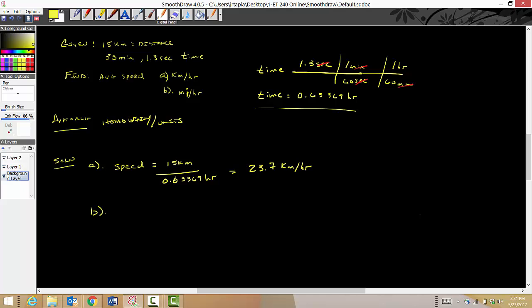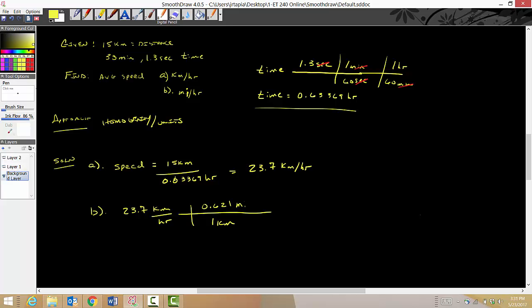So for part B, since we already have our time, it'll be real easy. We can say that 23.7 kilometers per hour, and we know, if we look this up, that 0.621 miles is equal to 1 kilometer.